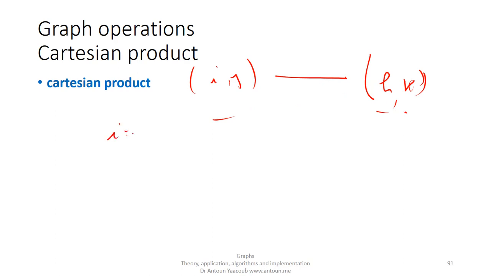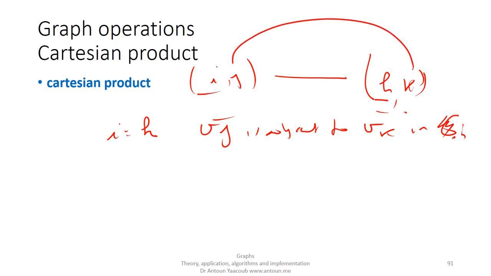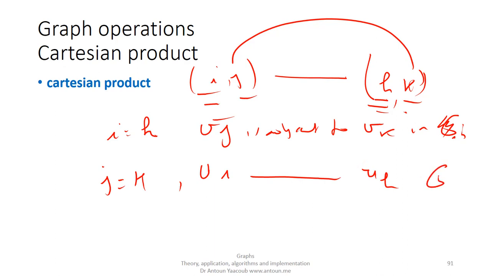If i is equal to h, and if the vertex j is adjacent to vertex k in H, since the first ones are equal, I check if there's an edge in the second graph. And if the second parameters are equal, I need to check if ui is adjacent to uh in the first graph.